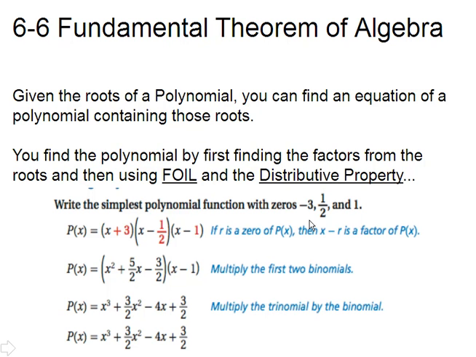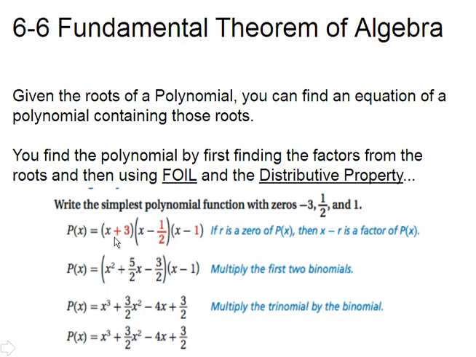So in this example here, we're kind of working backwards from when we talked about factoring. We're given the zeros here, -3, 1/2, and 1. So there are 3 zeros or 3 roots that we have. From each of those zeros or roots, we can write the factors. And remember, we write it as the opposite of the zero.